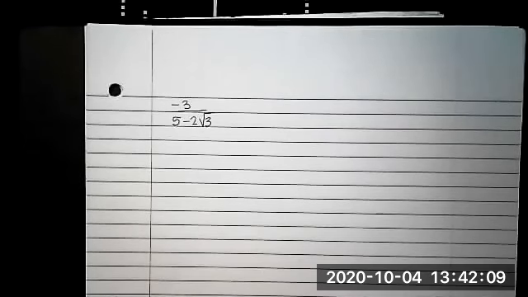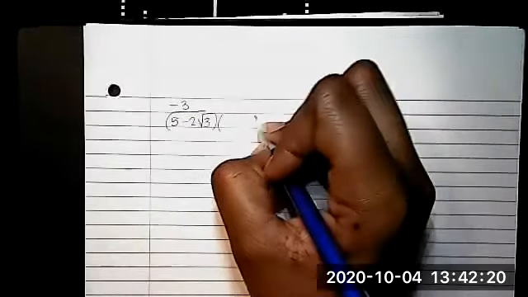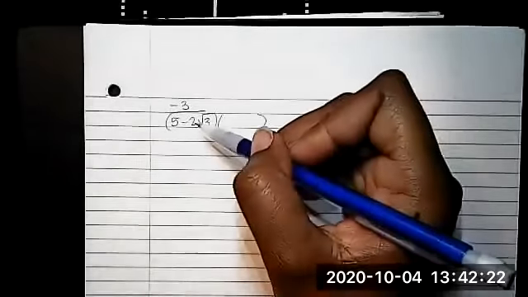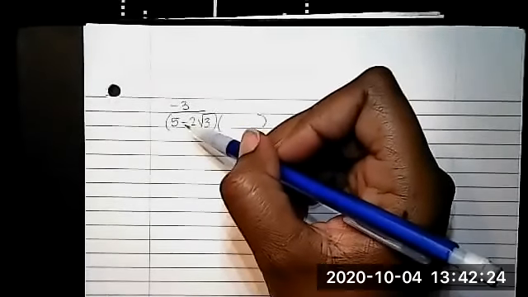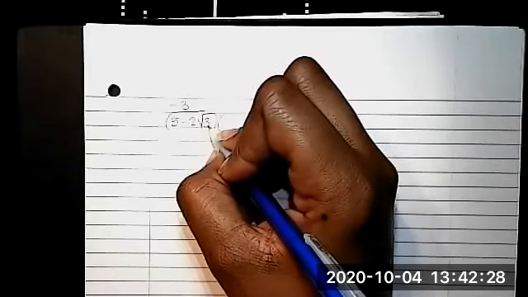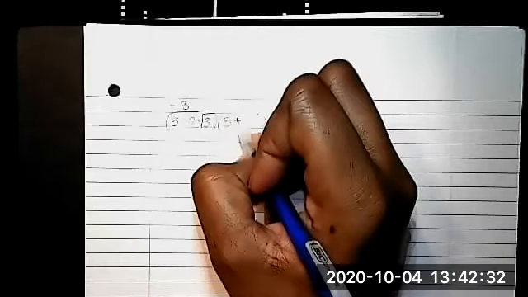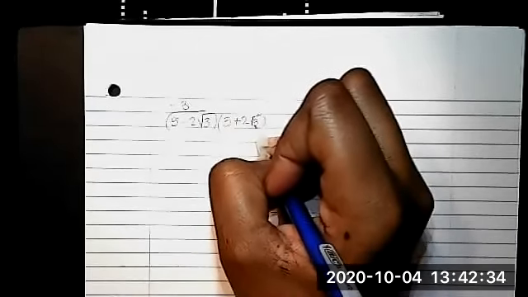Now, the situation that you're going to use is called a conjugate. In order to get rid of this, you're going to have to multiply by the conjugate of this number. So if you have 5 minus 2 times the square root of 3, the conjugate is going to be 5 plus 2 square root of 3, okay?